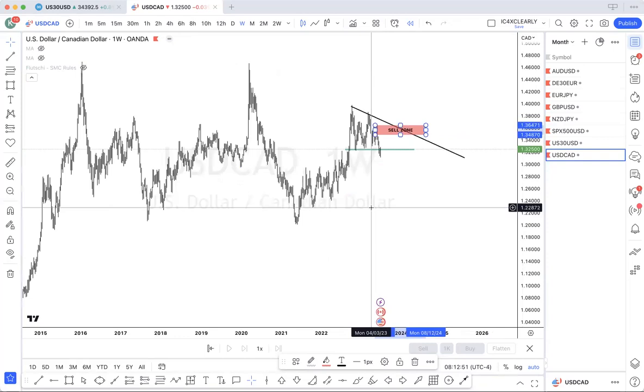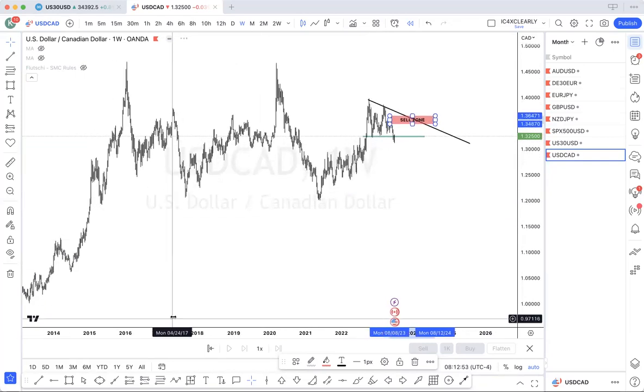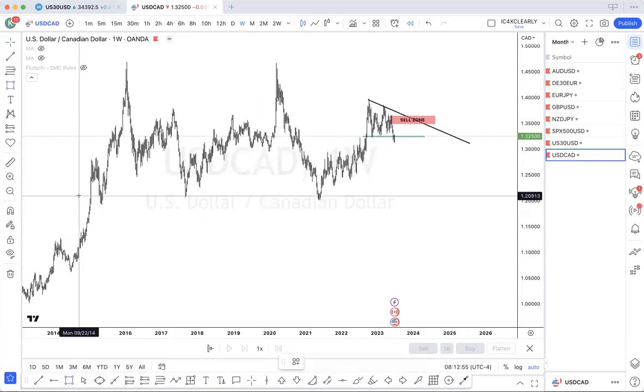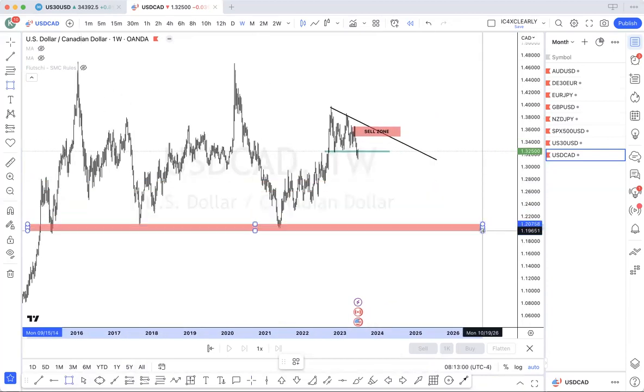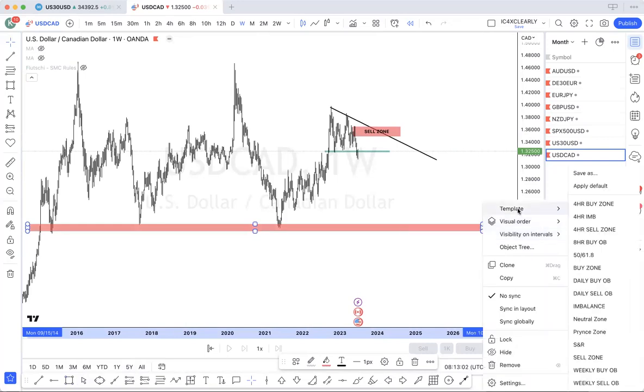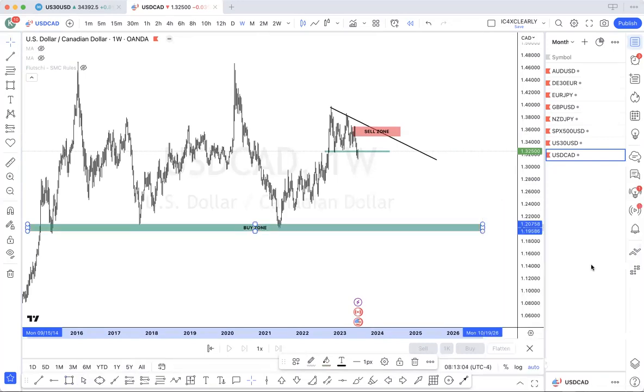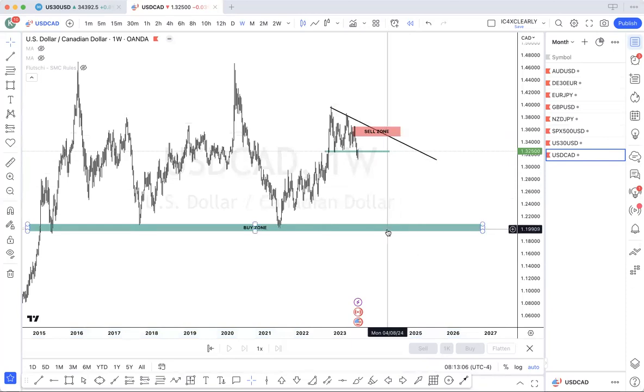And the continuation to these lows, this zone here, a continuation to these levels.